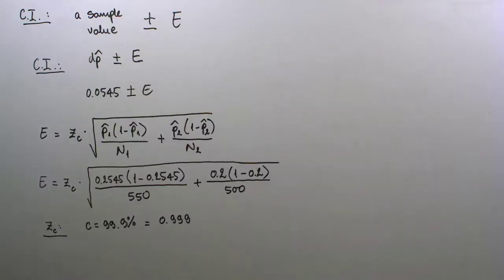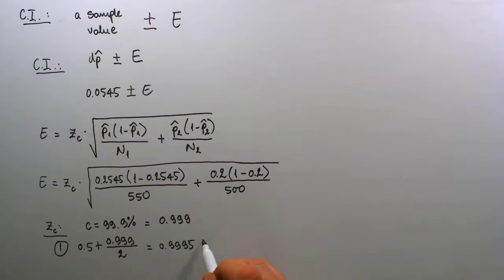So now having our confidence level expressed as a decimal, step 1 is to proceed as 0.5 plus half of my confidence level. My calculation came out to be 0.9995.